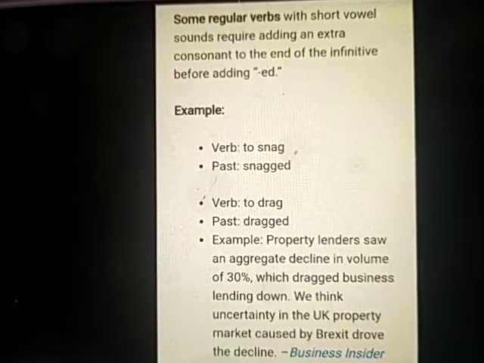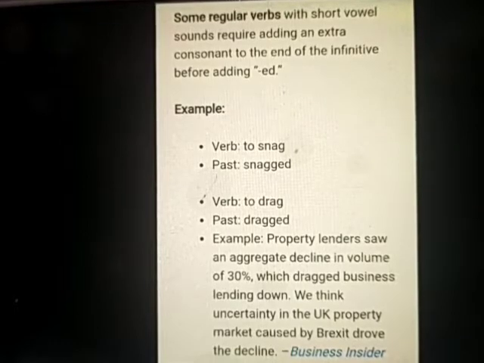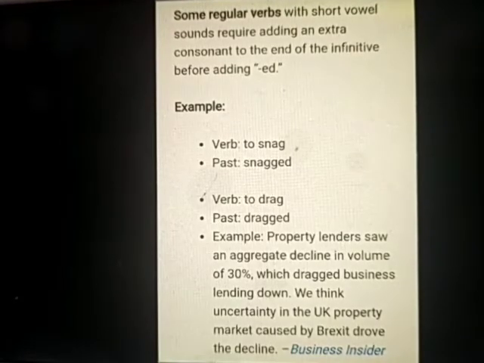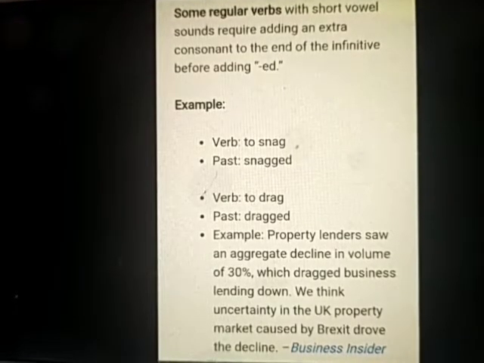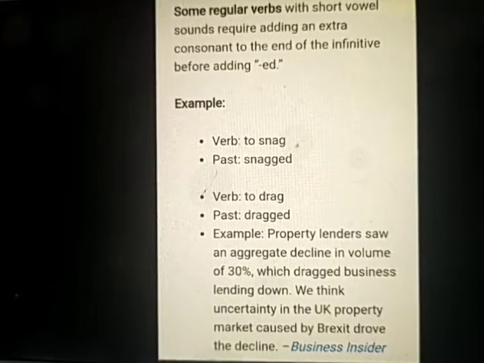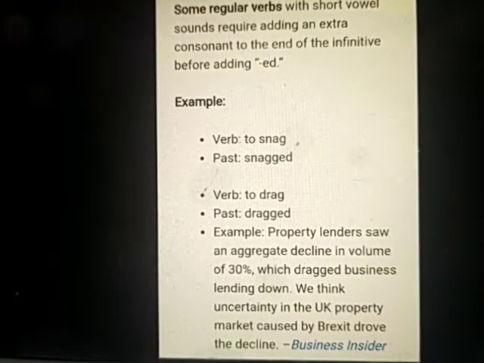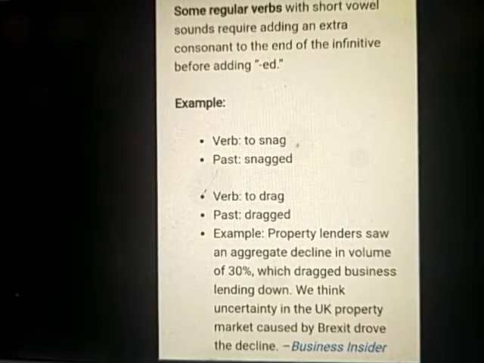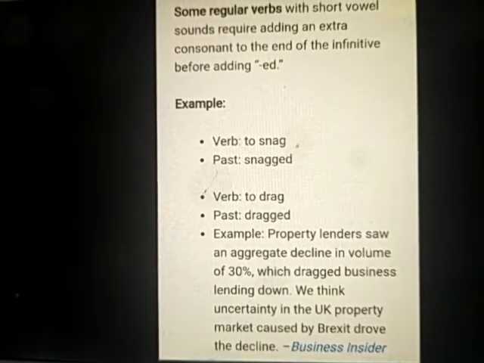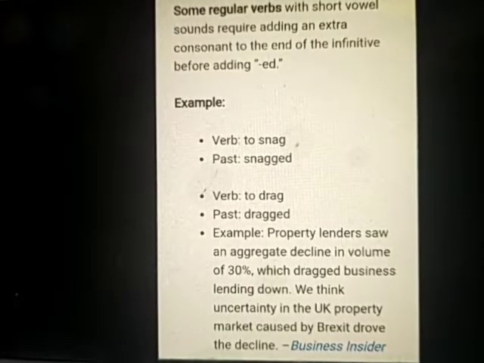Verb to drag, in past it becomes dragged. Example, property lenders saw an aggregate decline in volume of 30%, which dragged business lending down. We think uncertainty in the UK property market caused by Brexit drove the decline.